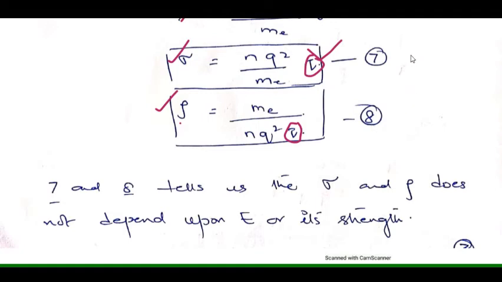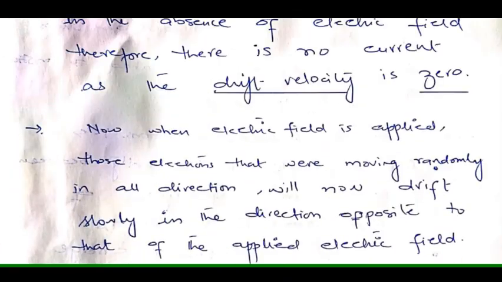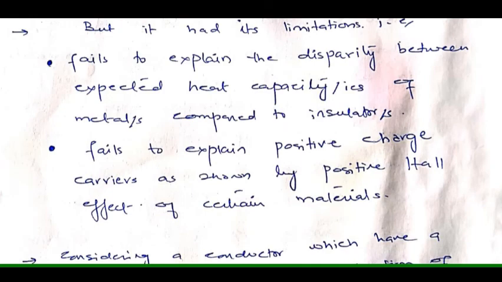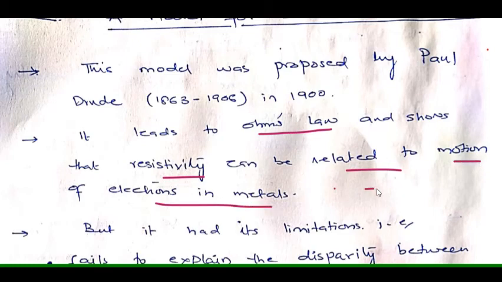So this is what we have concluded by using Drude's model, that it leads to Ohm's law, and it shows that the resistivity can be related to the motion of electrons in the metal. This motion is represented by tau in the equation.